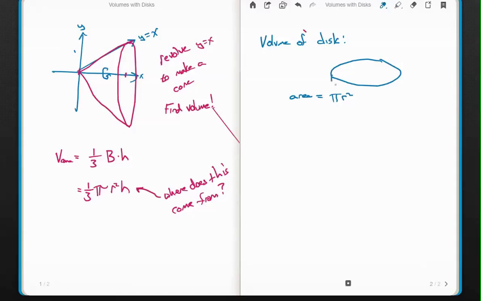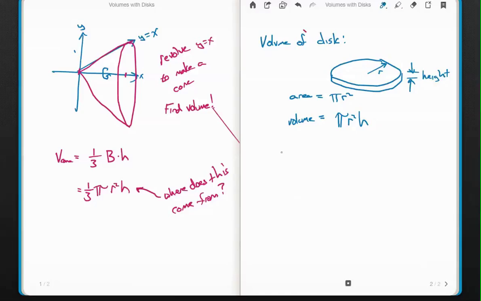If I make that into a disk, so I make it three-dimensional, the volume equals pi r squared times the height. This little dimension here is the radius, and that little dimension there is the height. So pi r squared h gives me the volume of a disk. We take a certain area and extrude it up, and by definition, that is what volume is.